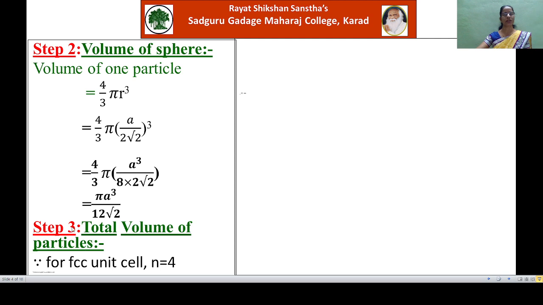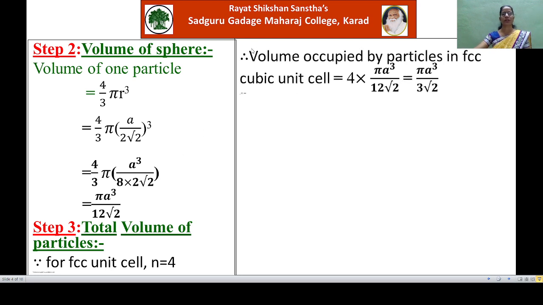So see this third step to find this volume. We know that this is an FCC cubic unit cell, and for this FCC cubic unit cell, the number of particles per unit cell is 4, and hence the total volume of all these particles is easily determined as 4 into pi a cube divided by 12 root 2.